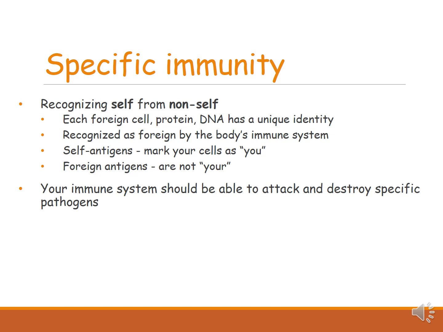So all the cells in your body, all pathogens, other substances, have unique markers known as antigens. So you have antigens on your own cells that mark your cells as you, and you have foreign antigens. If they're detected, they are not yours. Your immune system should be able to attack and destroy any foreign antigen.